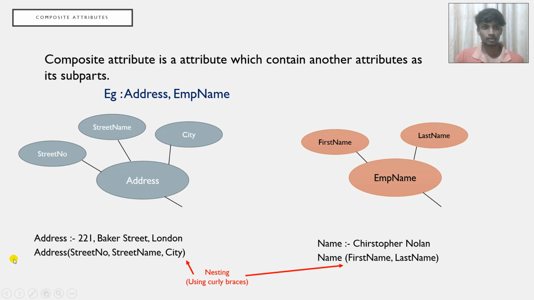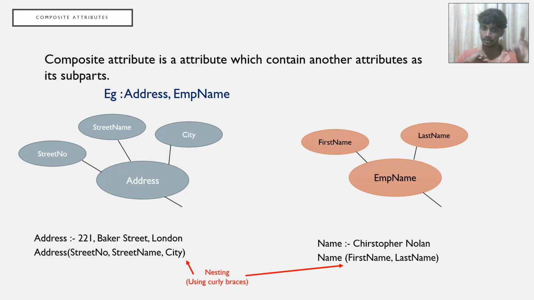And the next one is the composite attribute. The composite attribute is an attribute which contains other attributes as its subparts. Imagine address is our attribute. That attribute can be divided into subparts. Like in this graphical representation, the address has been divided into street number, street name, city.